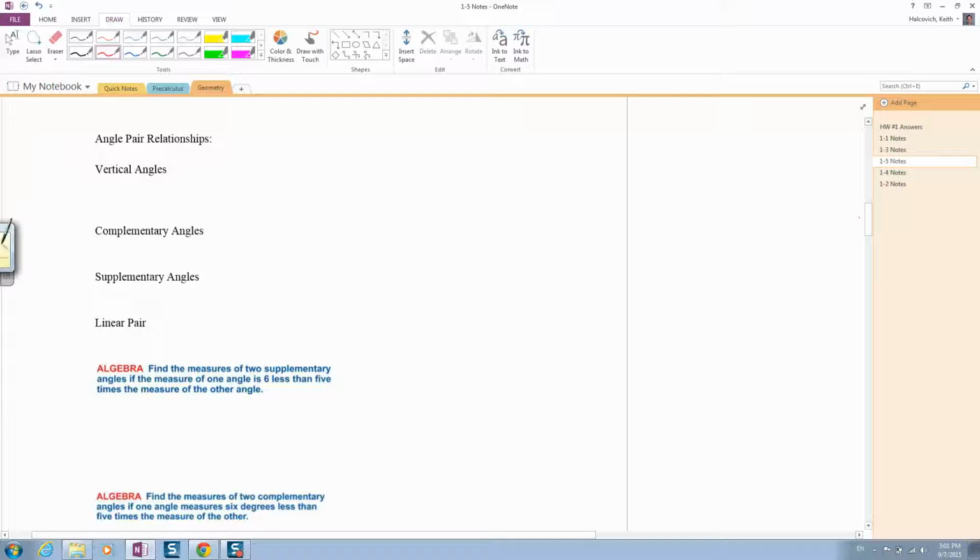Angle pair relationships. So vertical angles are congruent, meaning they're equal. And an easy way to tell is notice if you have vertical angles here, and you say like this is 20, then this has to be 160 because it's a line.